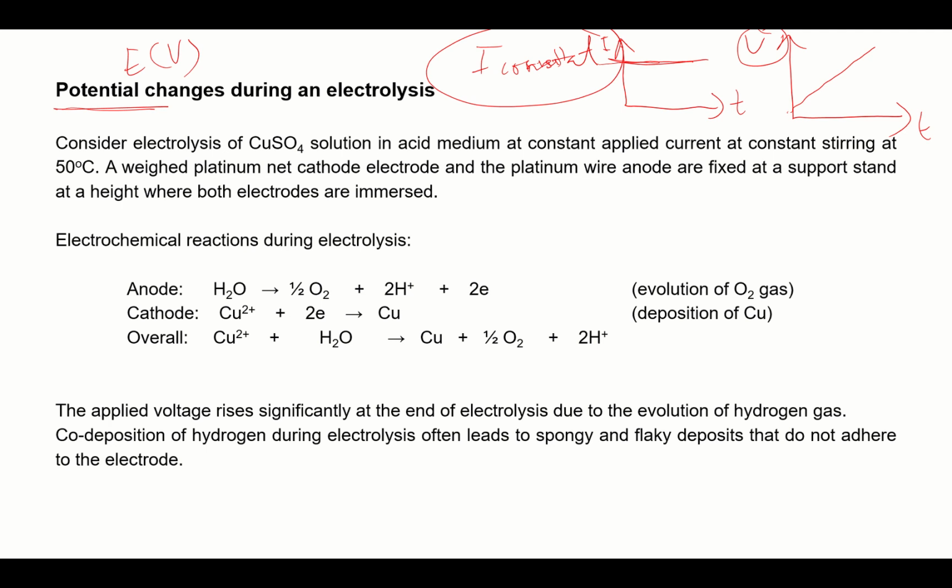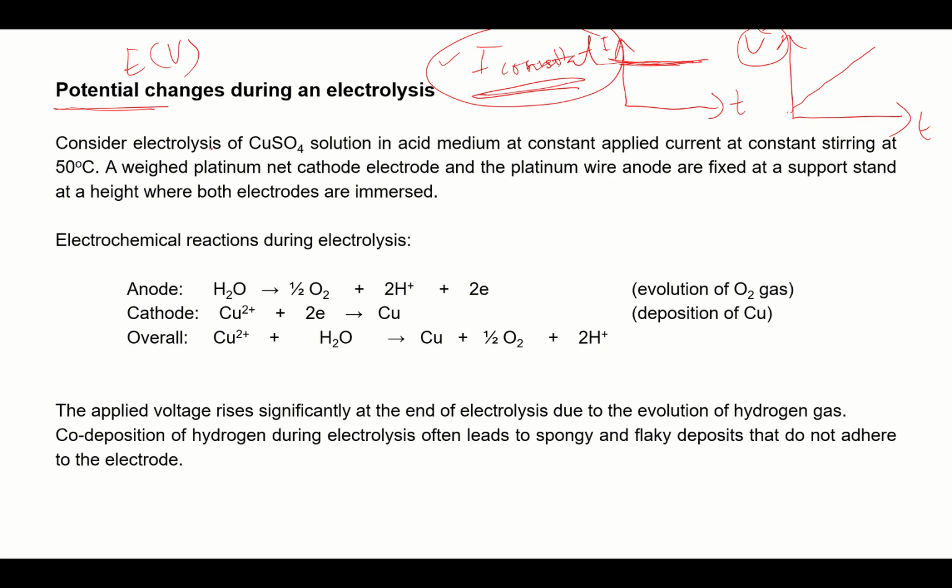If you use this technique, I constant, you will see I is constantly flowing during the deposition, but V, the potential, is not constant. It will increase, because this technique uses constant current.